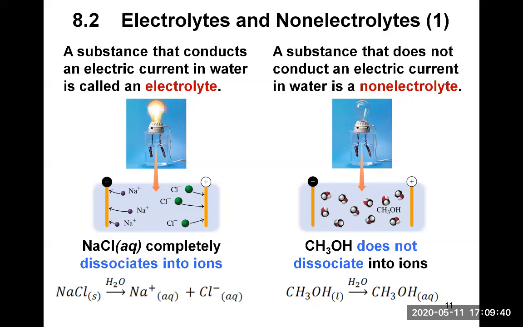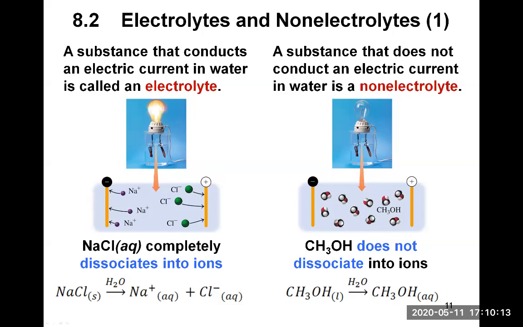And methanol, when dissolved in water, because here it's an aqueous solution of methanol, it's not dissociating into ions, it stays as the molecule of methanol, CH3OH, which is neutral. It's a neutral formula. So there is no electrical charge, and so the electricity will not be conducted by a neutral molecule, because neutral molecules will not be attracted by the positive or negative charges of the electrodes.